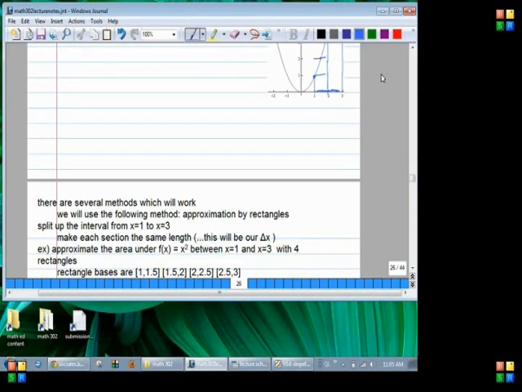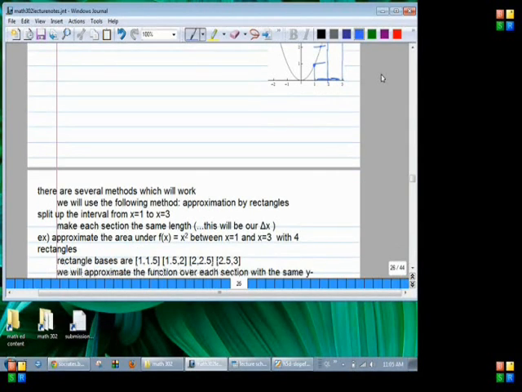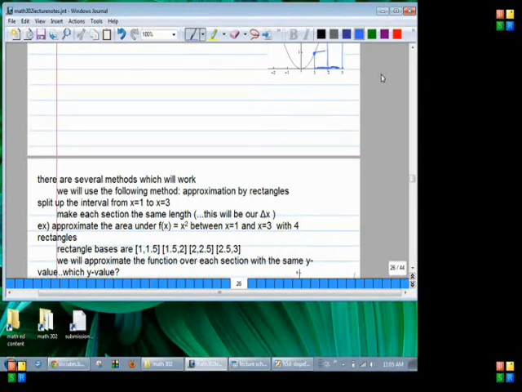The second thing is the way I've set this problem up, I said let's use 4 rectangles. You can use 2, you can use 4. We're just doing one beginning example. So next, as we said before, we have to choose which y value we're going to use.